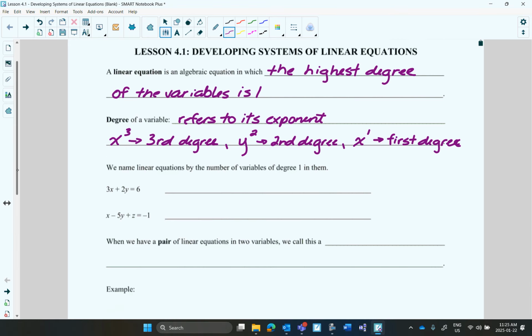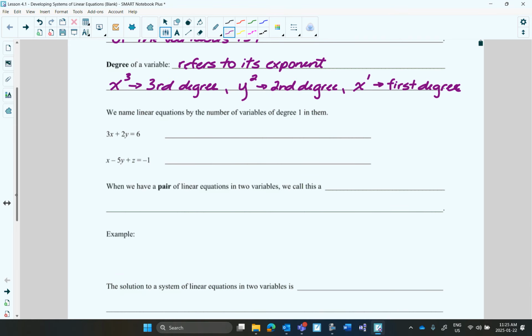So we name linear equations by the number of variables of degree 1 in them. So here, how many variables? So we would just say linear equation in 2 variables.